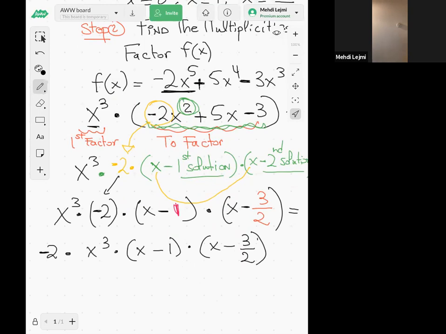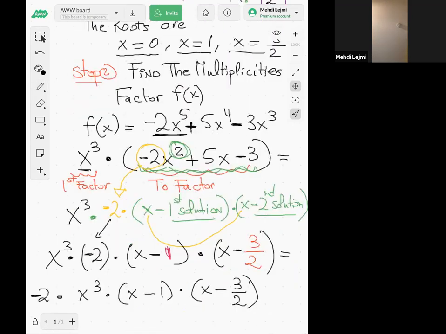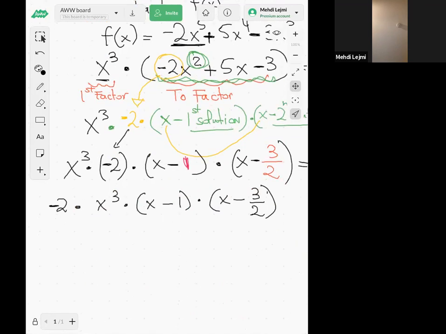Right? And okay, so now I can try to find my multiplicities, right? So we said the roots are x equal to 0, x equal to 1, and x equal to 3 halves. So let's start with x equal to 0. I want to find the multiplicity of x equal to 0.